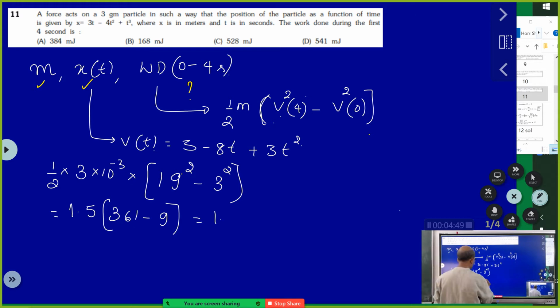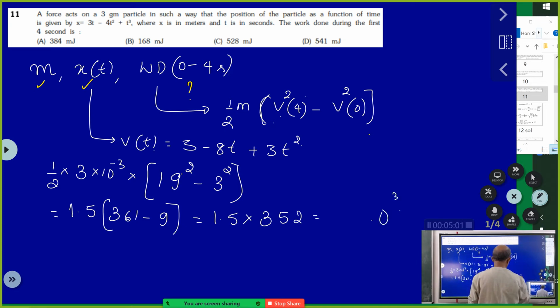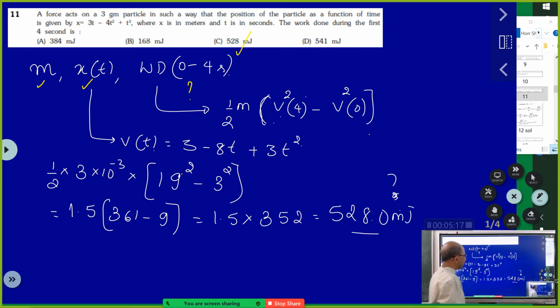So that gives you 1.5 into 361 minus 9, which is 352. 15 twos are 30, 3 carry on. 15 5s are 75, 78, and carry on, 15 3s are 45, 52. So 528. So if you write that, fine. Otherwise, these are all given in millijoules, 528 millijoules.